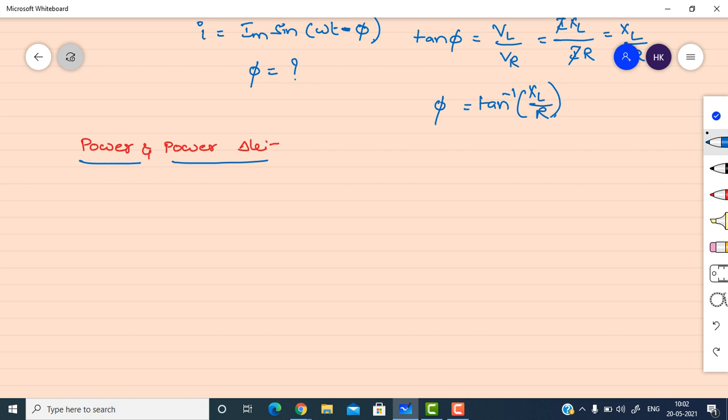So in a series RL circuit, the current expression is i = Im sin(ωt − φ). This is the current expression. And what is the voltage expression? v = Vm sin ωt. This is for the series RL circuit. For this circuit only we are going to find the average power consumed.